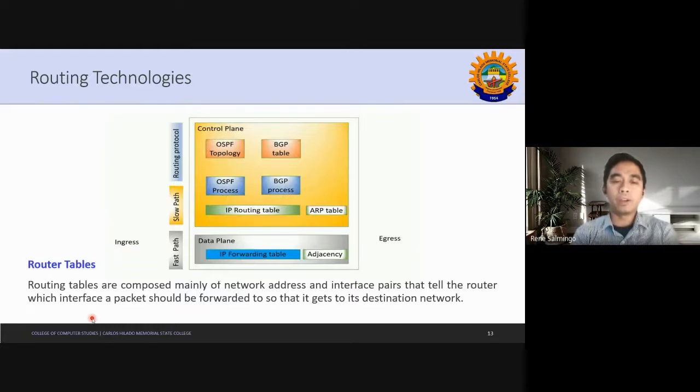So, as you know, ingress. Do you know what ingress is? Ingress is the input property. Egress is the output property. Ingress allows us to input a property on a specific IP address.